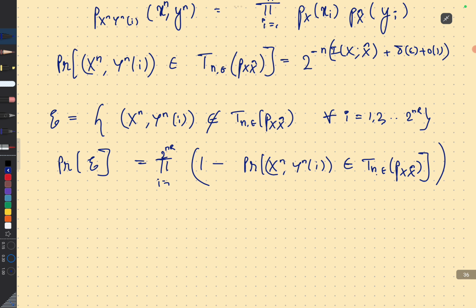Is this okay? So this is equal to 1 minus 2 to the negative n times the mutual information plus some vanishingly small quantity, whole to the power 2 to the nR.